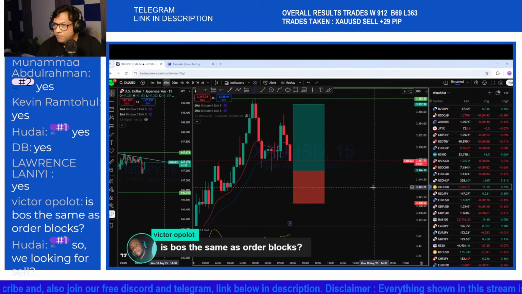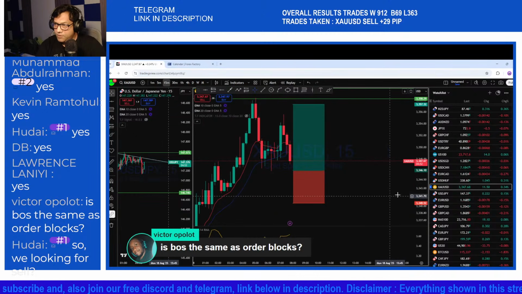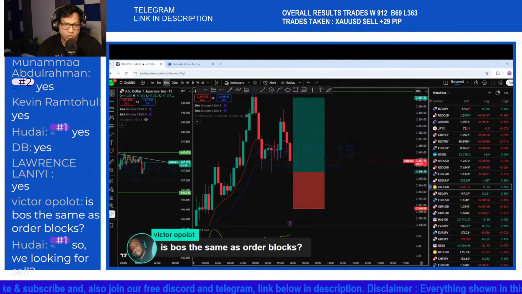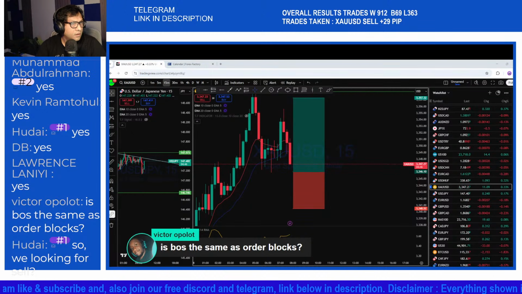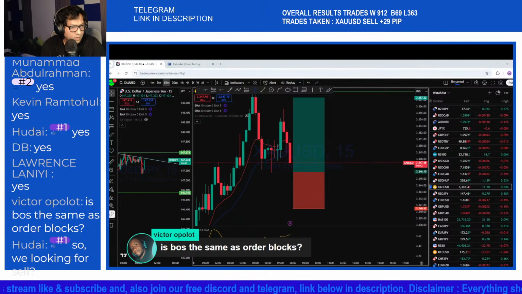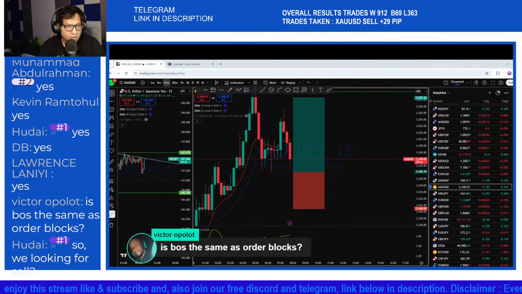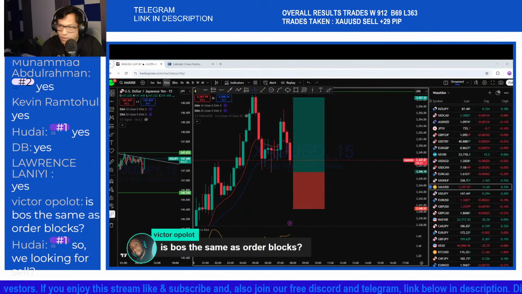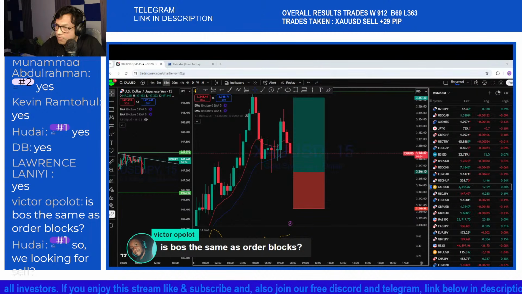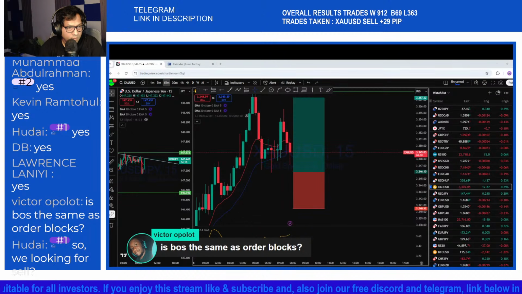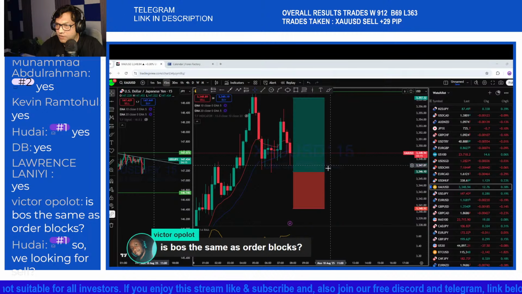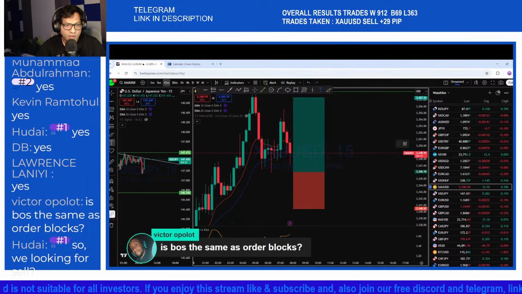So it's going to be a buy limit here at 3346.10. If the market drops here, we will be entering into the trade. It's a buy limit.